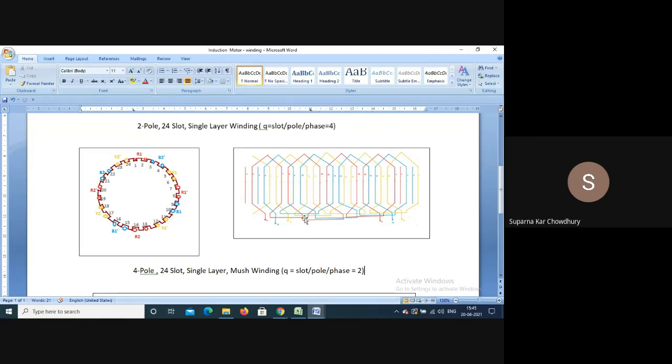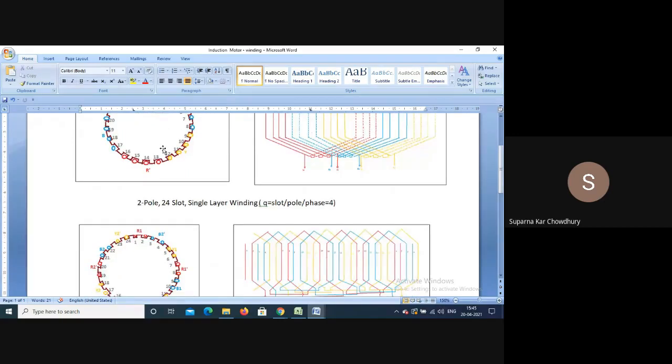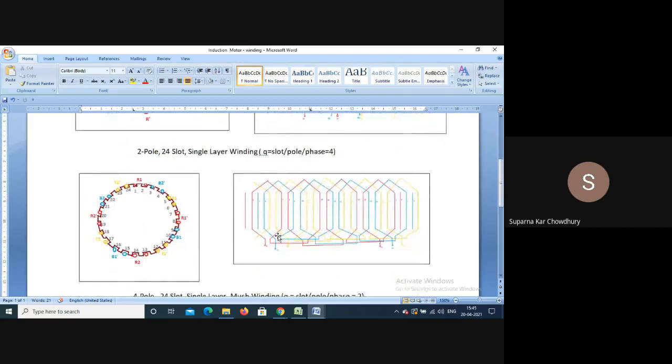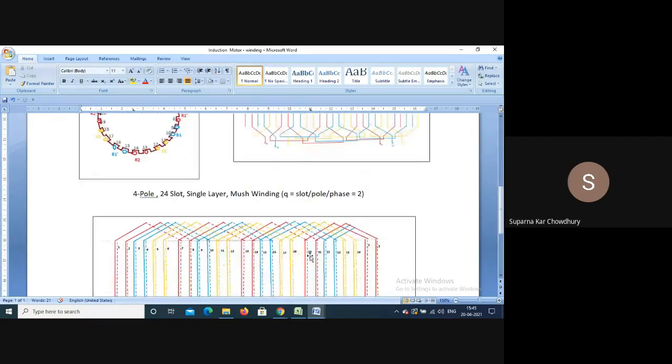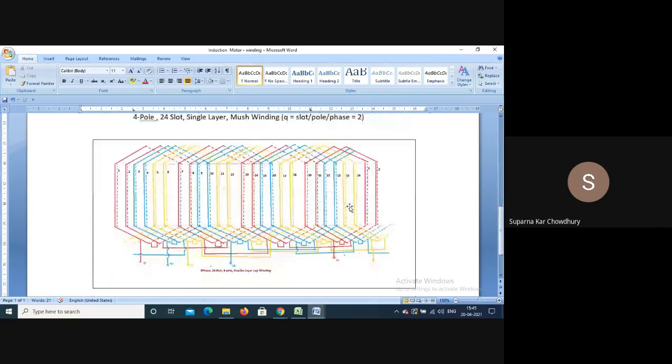So this will create 4 poles. So with the same conductors in 24 slots with single layer, we can create a 4 pole or a 2 pole by just changing the connection. Now, normally this mesh winding is used with small machines.